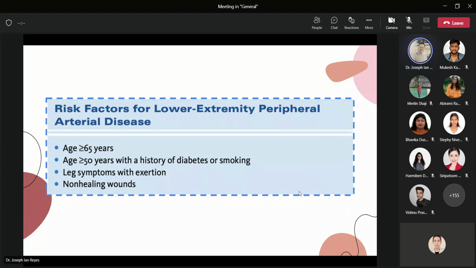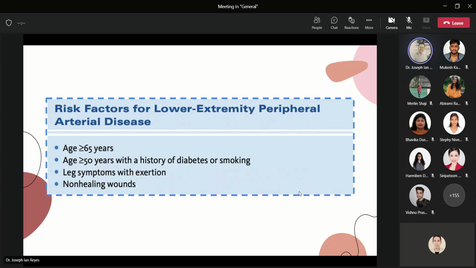So ask your patients if they move around, if they walk, do they have pain, numbness, and other symptoms. Then you should examine also non-healing wounds. So patient would tell you, doc, I have this wound a few weeks or a few months already. Maybe because I'm just diabetic, that's why I have the wound. But yes, it would be a cause, but still, why is the wound not healing? Because of your poor circulation.